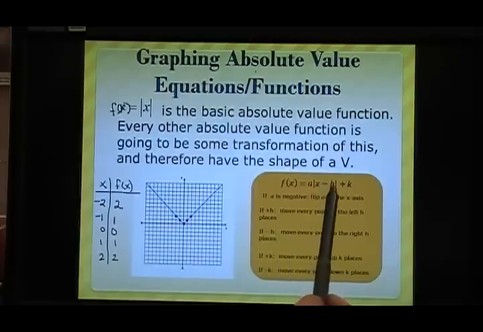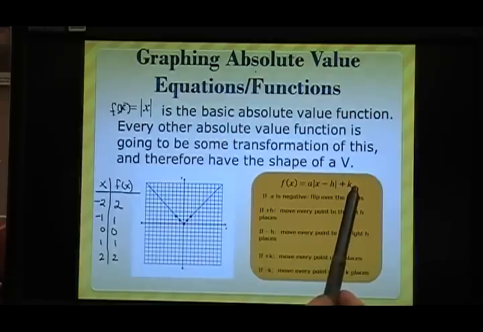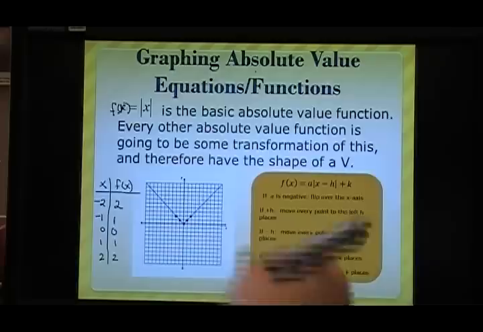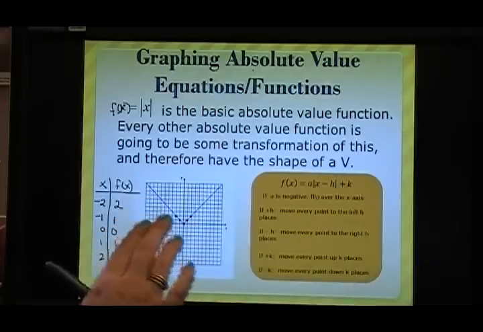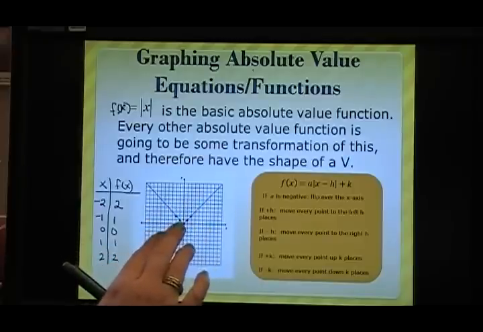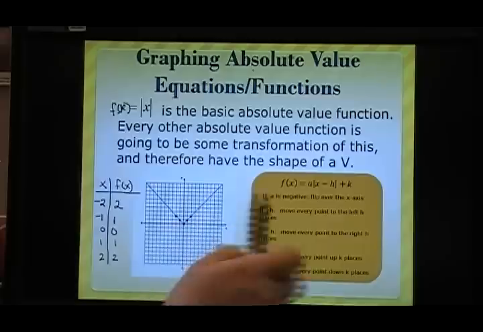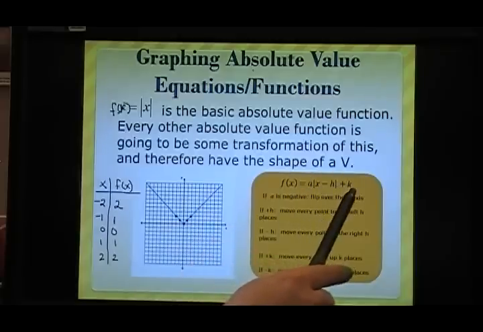If it's plus some number, you're going to go left. If you have a number outside, if it's plus the number, you'll move up that many places. If it's minus a number, you'll move down. Okay? But what's important is that you first start with your basic, and then based on what you see in your function, you'll move your points accordingly.